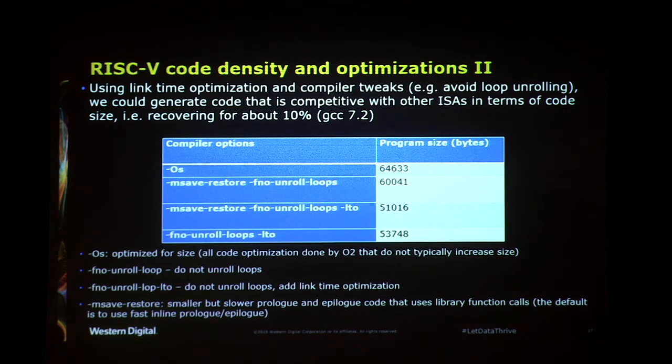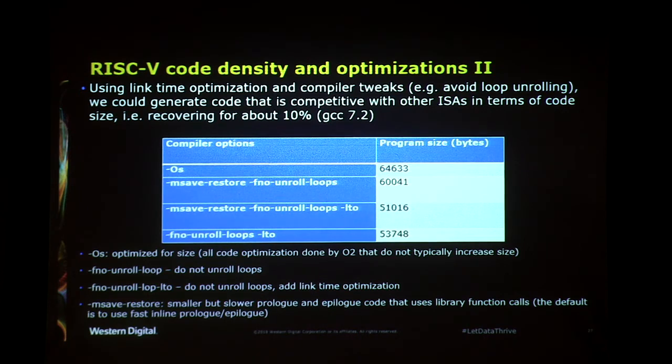We had issues with actually using LTO for production firmware that we have solved in the meantime. They were debugging related, so we can actually use LTO, for those of you who are familiar. And then obviously a useful option is -msave-restore. It's related to how the prologue and epilogue code are encoded, and there's more than one way you can do that.